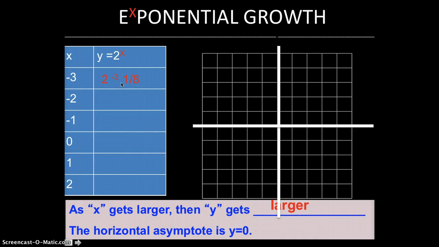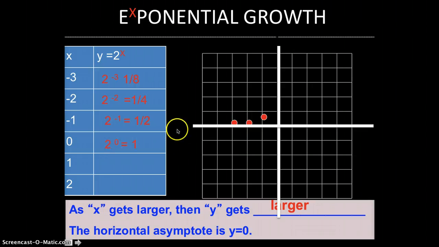As I plug in negative 3, I get 1/8, and that graph's right here. I plug in a negative 2, I get 1/4. That graph's just slightly higher than that. Negative 1 is plugged in, I get 1/2, again, slightly higher than that.